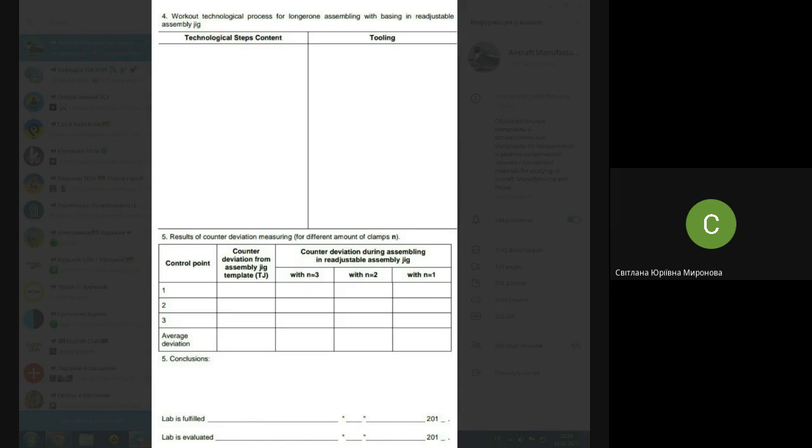When it comes to clamping, the more clamps, the better. That is the most general explanation. And in this experiment, we usually study how clamps affect the accuracy of assembling. We are not studying the tendency, whether it is better or worse, because to study the tendency and get accurate data, you would need to fulfill maybe thousands of such experiments.